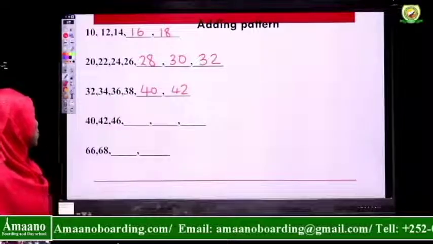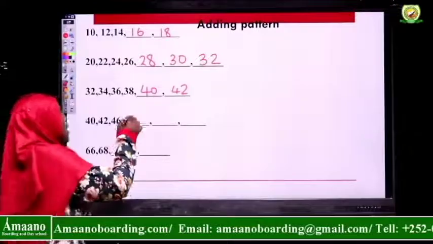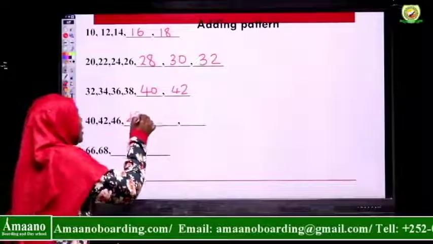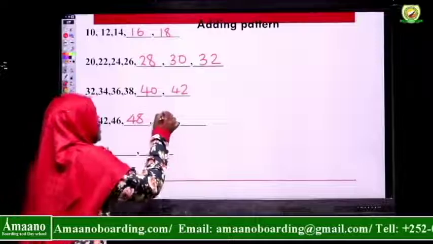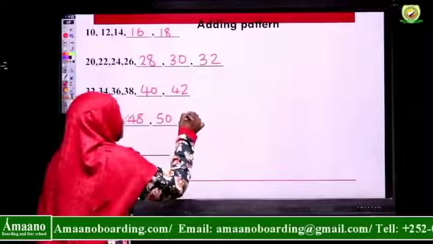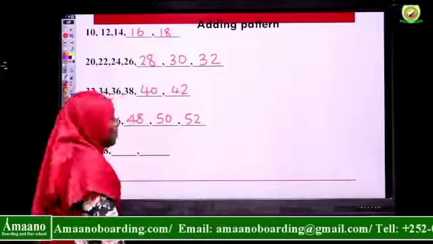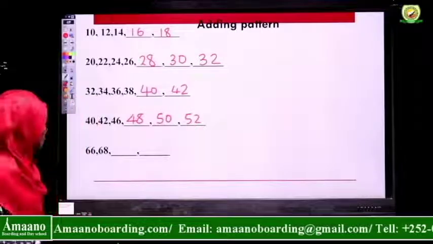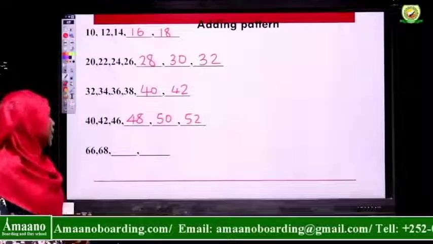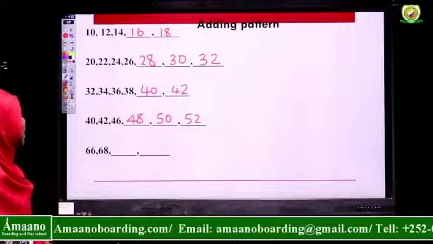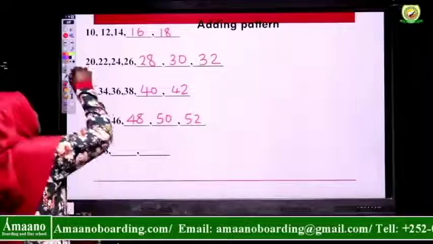Okay, so what will be our answer here? Here we shall put 48, and then here is 50, and then here is 52. Then the last one here is 66.